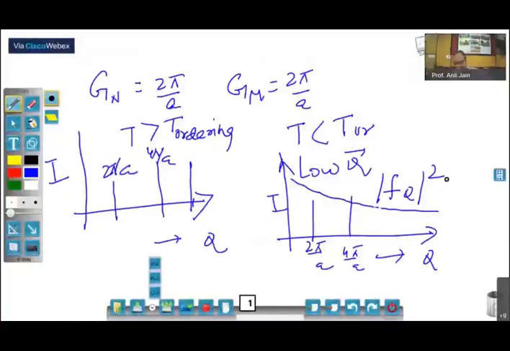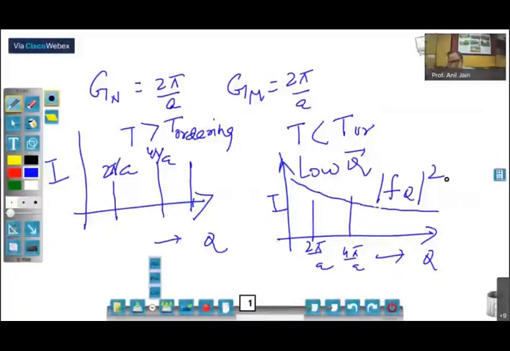Because in the case of neutron scattering, your neutron interacts with your sample with a magnetic moment which is extended in space, and due to which you have the form factor when you do this magnetic neutron scattering. And due to this form factor, the intensity in magnetic neutron diffraction is reduced as you increase the value of Q.